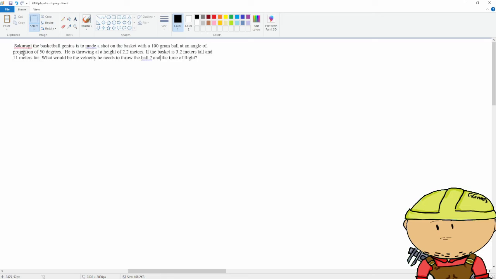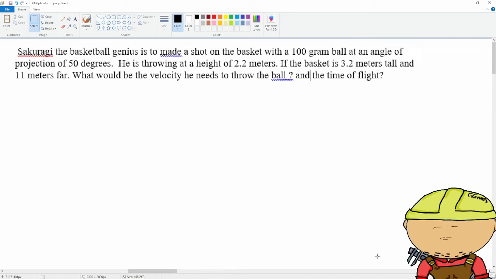Hey, what's this? Sakuragi, the basketball genius. It's written there: Sakuragi is to make a shot in a basket with a 100 gram ball at an angle of projection of 50 degrees.